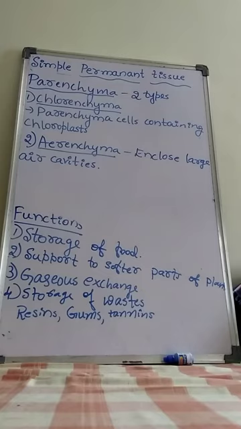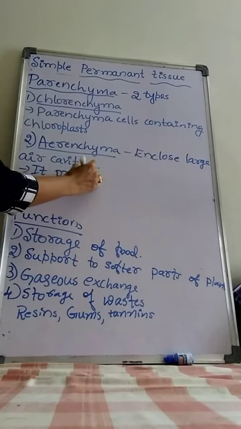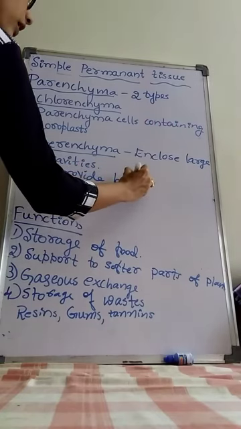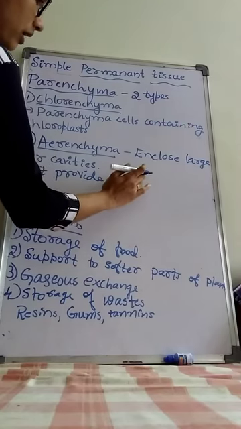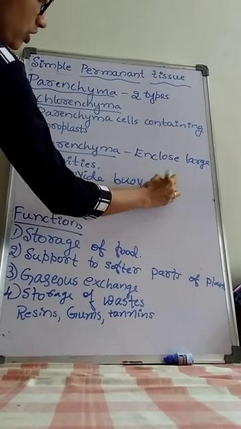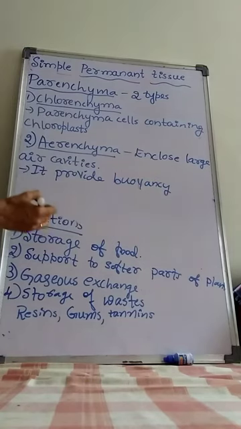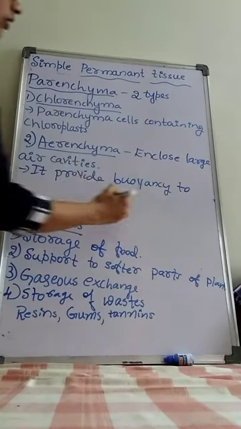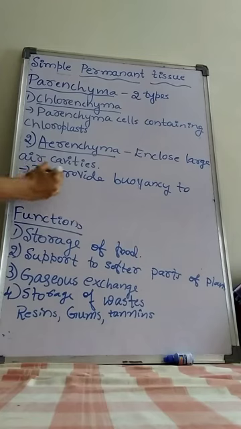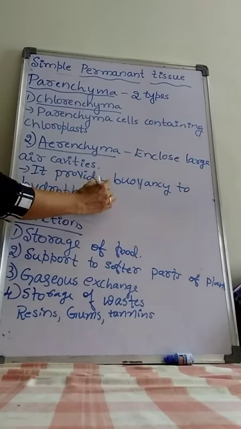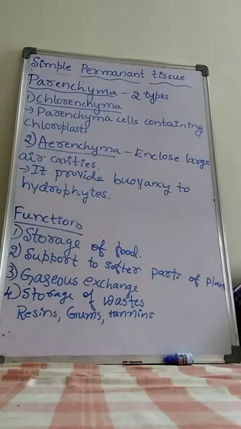The air cavities present in the parenchyma provide buoyancy to aquatic plants. This is about the types of parenchyma.